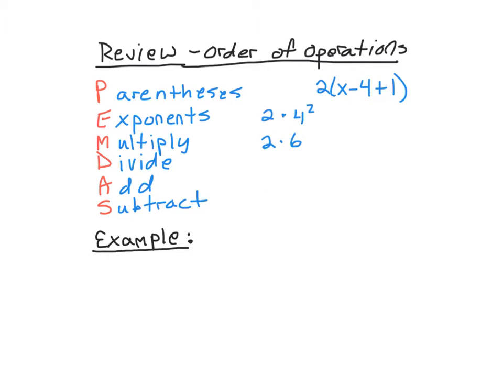In reality, we have a situation where essentially multiply and divide are really kind of at the same level, same with add and subtract. And so in those instances, we always want to basically do those operations from left to right.